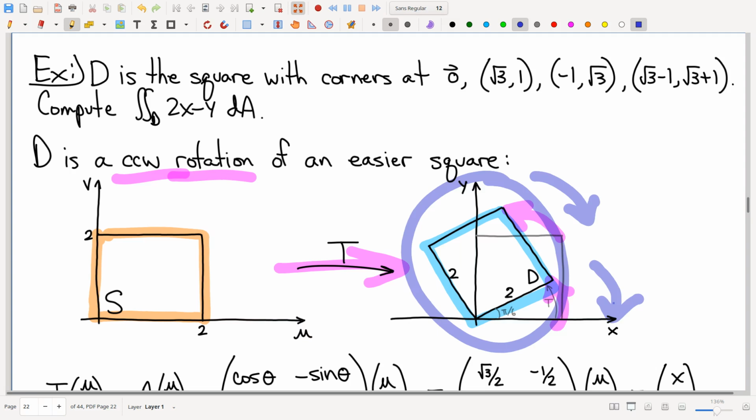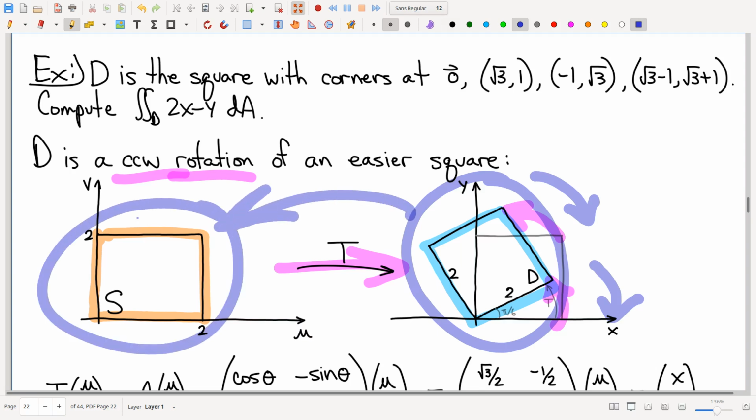So when I go backwards through that linear transformation to produce this orange square, you might imagine that as sitting over here like that. Of course it's not in the XY plane. It's in the UV plane. But you can see it's going the opposite direction. Everybody okay?